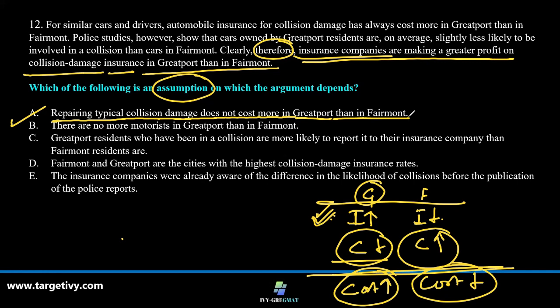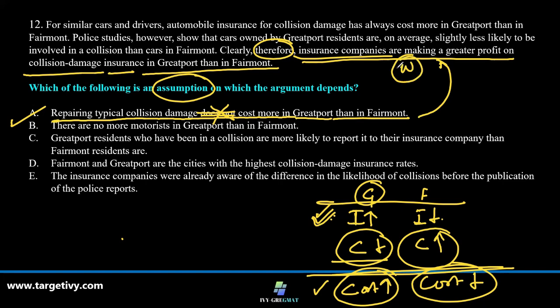Let's negate this. Let's knock it off. Repairing typical collision damage costs more in Greatport than in Fairmount. If the cost is high here, negating the option, then the argument is weakened.